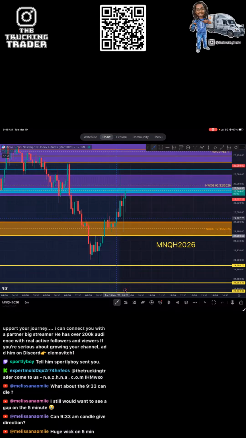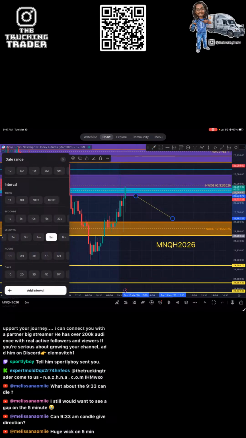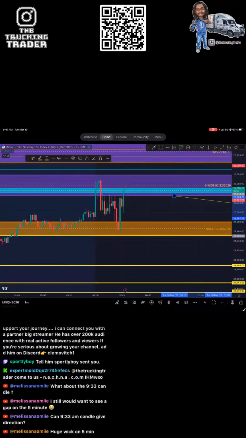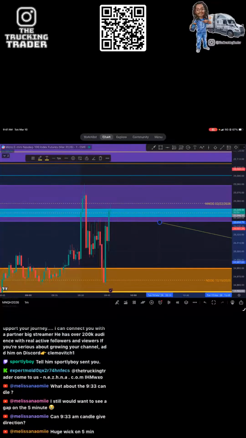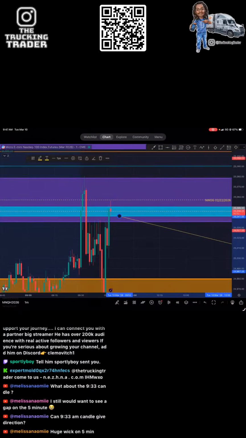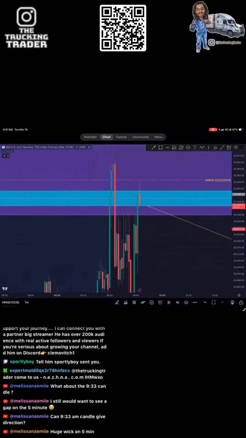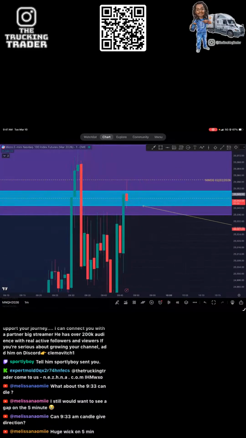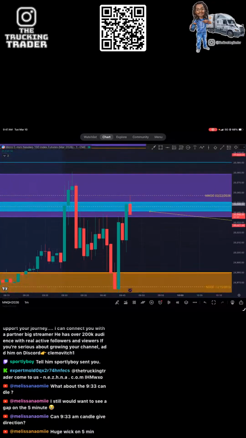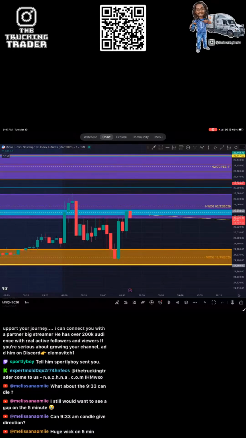Trouble for the 9:33 a.m. candle. Mm-hmm. It's working up in that first presented fair value gap now. So I'm gonna drop back into the 1 minute and see how these candles close in this first presented fair value gap. Let's see what we do.